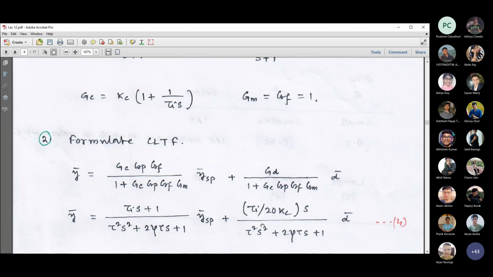So in step 2, basically, we formulate the CLTF, closed loop transfer function. The first equation is the standard CLTF form. And if we substitute all individual transfer functions and simplify, we get equation 4.